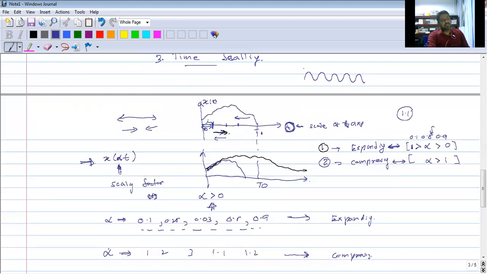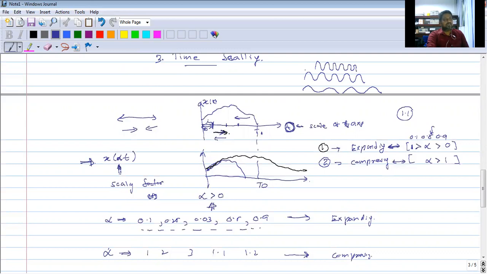So sometimes you are expanding the signal to view it clearly, or you compress the signal to view it clearly.